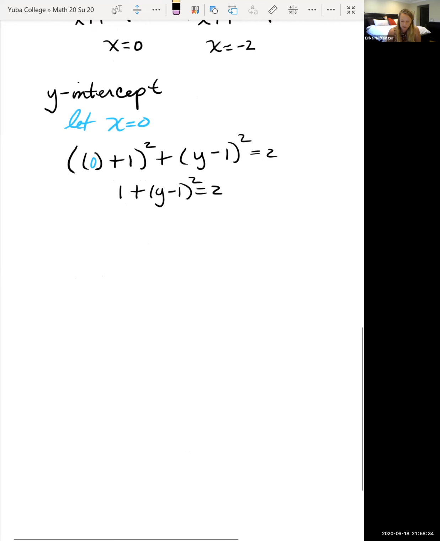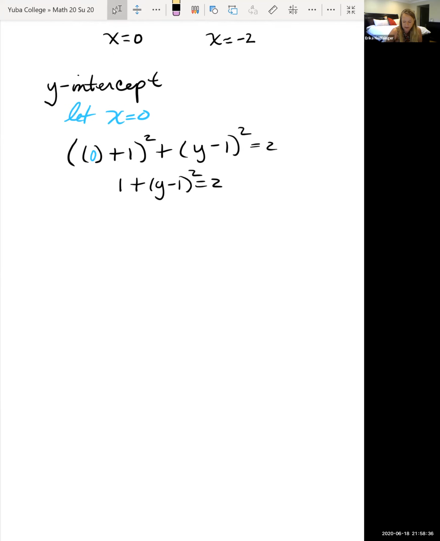It's in the form where we can use the square root method. Isolate the square, subtract 1 on both sides. We have y minus 1 quantity squared equals 1. Take the square root of both sides. You get y minus 1 equals plus or minus 1.